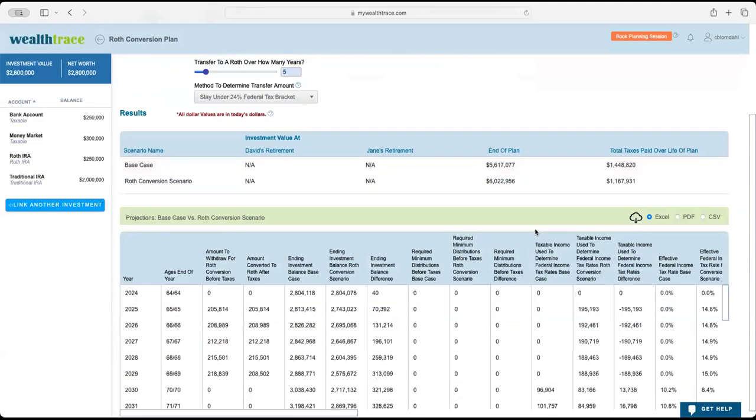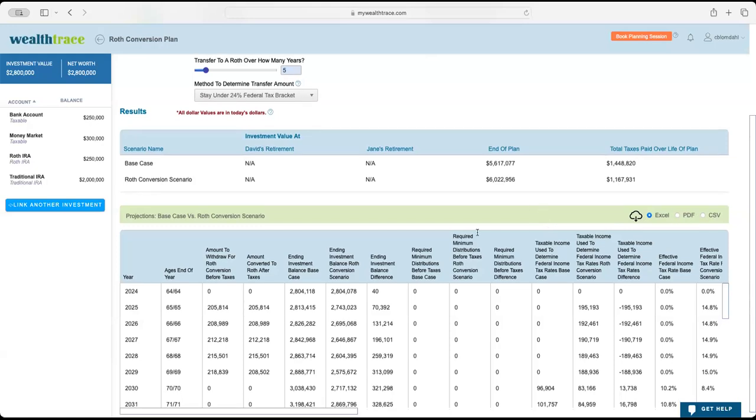We are going to open their conversion results in Excel just to make the data a little bit easier to view for everyone. If you want to download your Roth IRA conversion results, you can click on the format that you want to download right here and then click on the little cloud button. I have already downloaded this conversion to Excel, so I will go ahead and share that with you now.